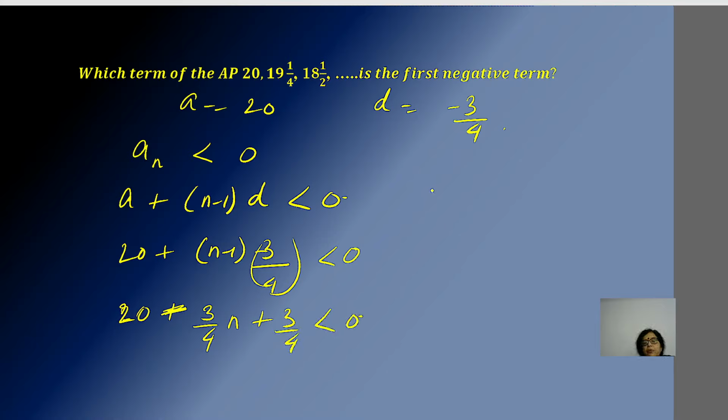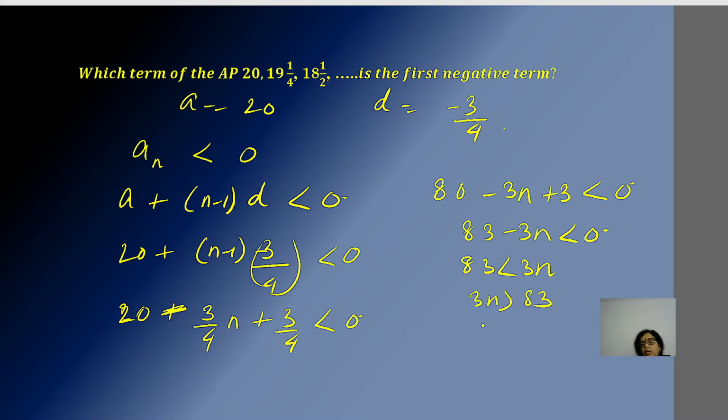Taking the LCM, you get over here 80 minus 3n plus 3 is less than 0, or 83 minus 3n is less than 0. This means that 83 is less than 3n, or 3n is greater than 83, or n is greater than 83 by 3.